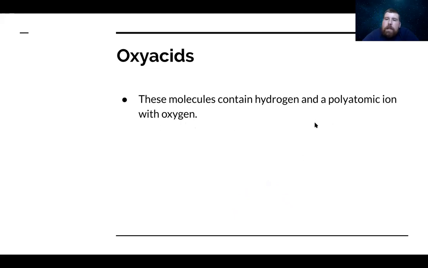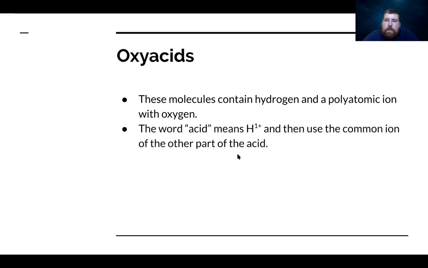Remember, the difference between ate and ite is the number of oxygens within the polyatomic ion. The reason I bring that up is because those endings are going to change based on if it's ate or ite. Remember, acid is the indicator that there is a hydrogen ion. With oxyacids, they never use the prefix hydro. Hydro, remember, is reserved for binary acids.